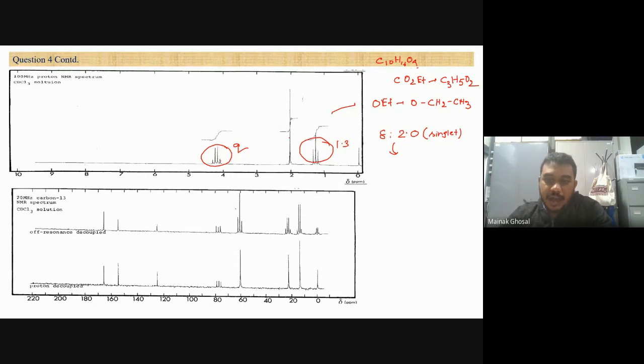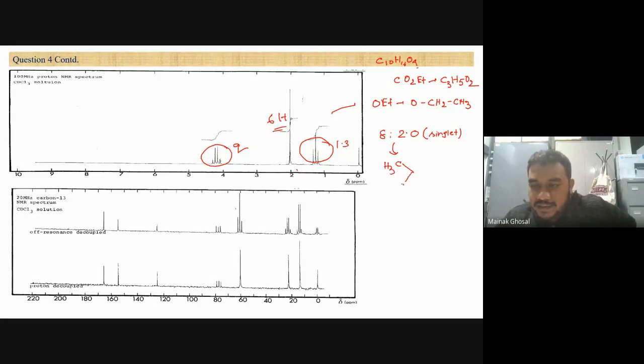Now this singlet at 2 is nothing but the hydrogen of an sp3 carbon attached to some kind of group, which is highly deshielding. In any other kind of group you cannot get this highly intense peak. If you count, it gives 6 hydrogen intensity, so 6 hydrogen intensity at 2.0 is nothing but the presence of this kind of group.